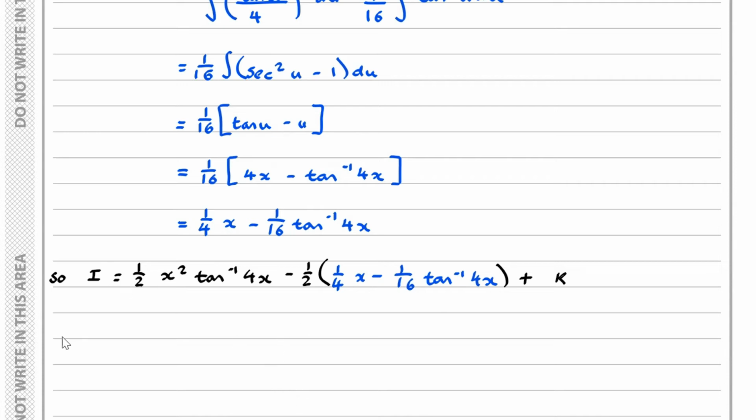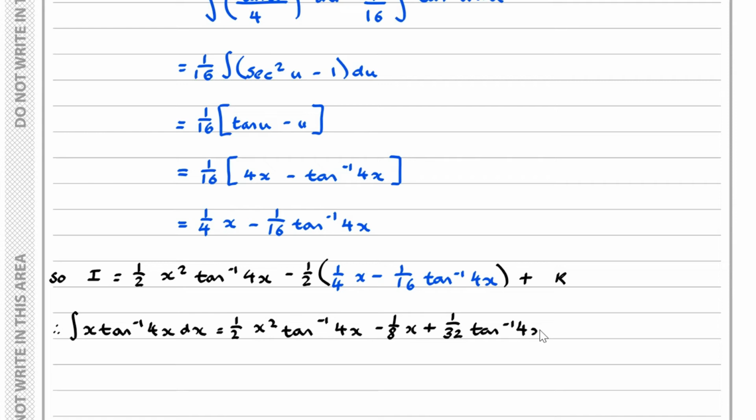So if we tidy all this up and expand, we can therefore conclude that the integral of x times by the inverse tangent of 4x with respect to x is equal to 1/2 x squared times by the inverse tangent of 4x. Now here we have minus 1/2 times by 1/4 x, that's minus 1/8 times by x, and minus 1/2 times by minus 1/16, that's positive 1 over 32 times by the inverse tangent of 4x plus some constant k.